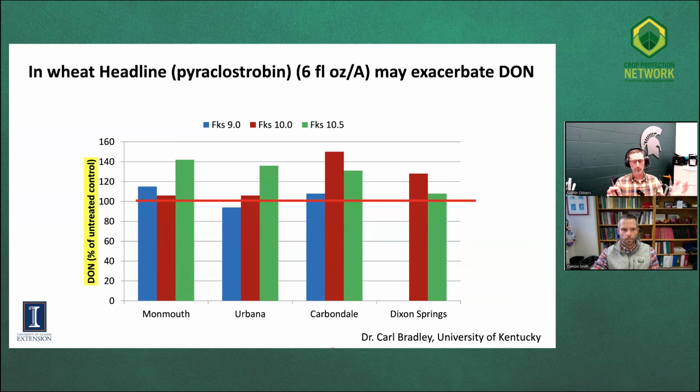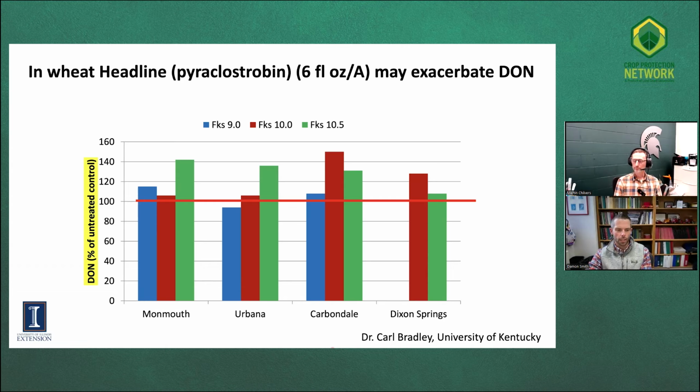He's got four different locations here, spraying just a headline strobilurin, which is off-label once you get into that boot stage. Once you get to flowering or in the boot, you can potentially elevate the mycotoxin compared to that non-sprayed control, which is really intriguing. There's been a little bit of data out of Canada to demonstrate something similar, but there's not enough to satisfy us, I guess.